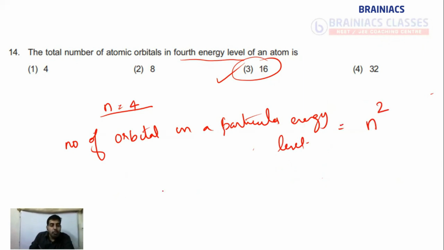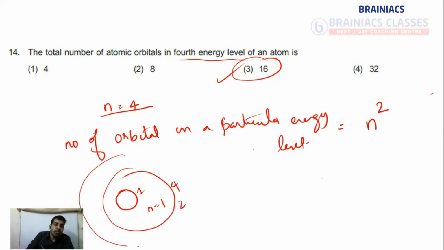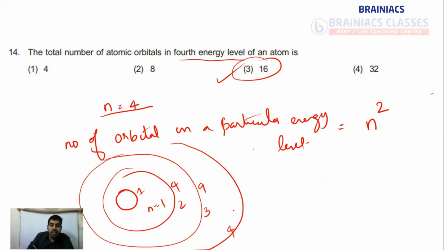For example, the number of orbitals in the first level, n equal to 1, is 1 square, that is 1 orbital. In the second level, 2 square, 4 orbitals. In the third level, 3 square, 9 orbitals. In the fourth level, 4 square, that is 16 orbitals, right? 16 orbitals are there in the fourth level.